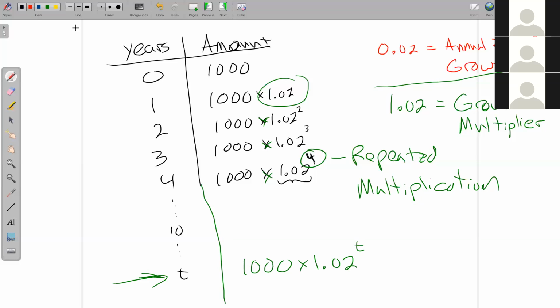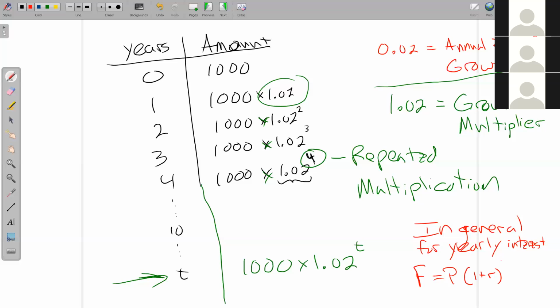So in general, for yearly interest, the future amount is always the principal or present amount times 1 plus your rate to the power however many years went by.